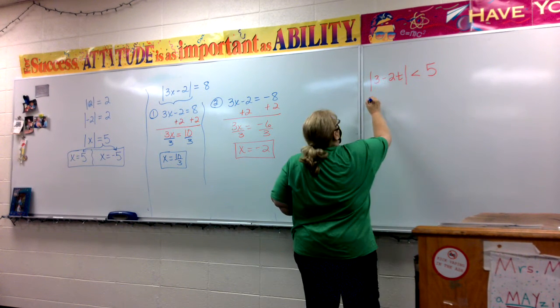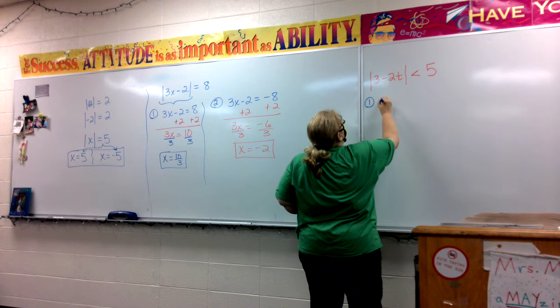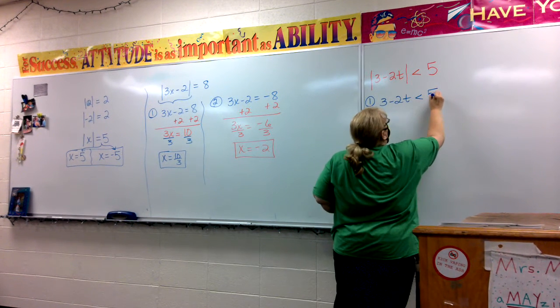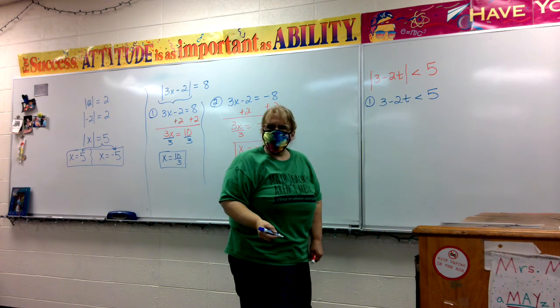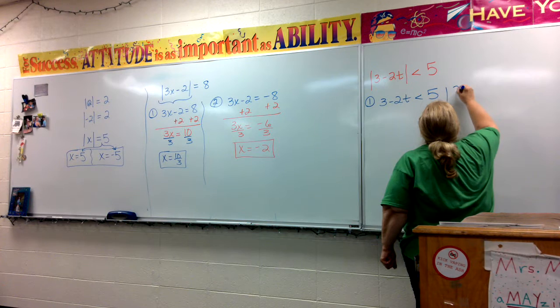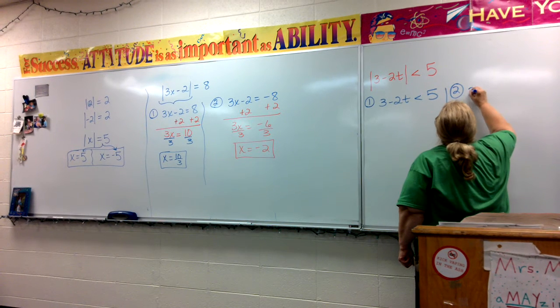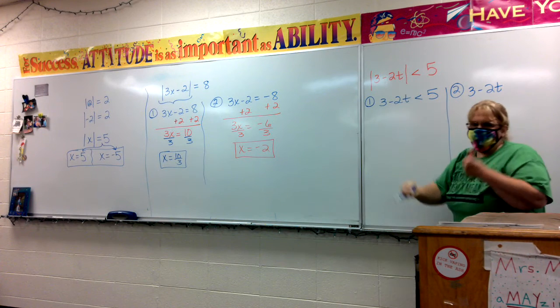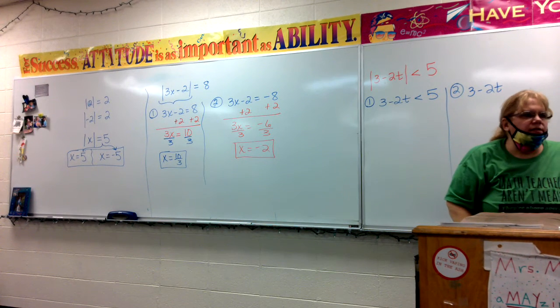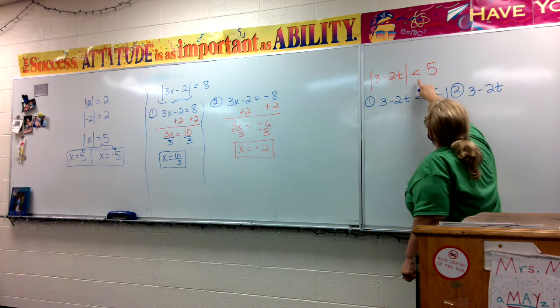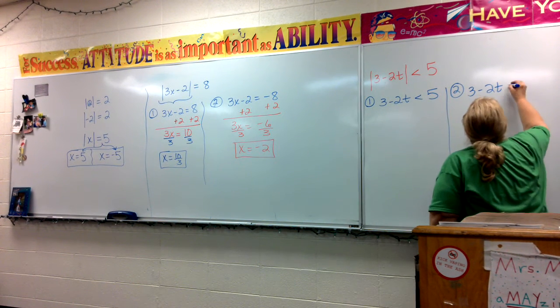First one, just like it is there. There's my first one. Second one. Now, notice this one's an inequality. Inequalities are a little bit different. Instead of exactly the same, you have to flip the inequality also.